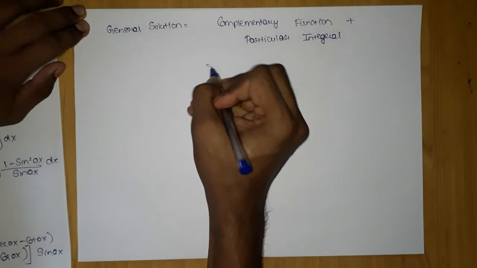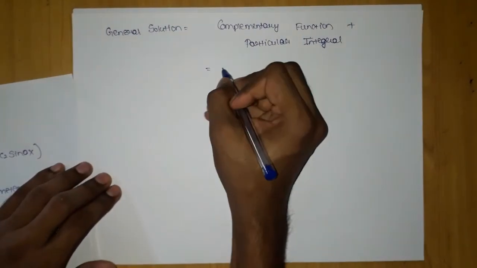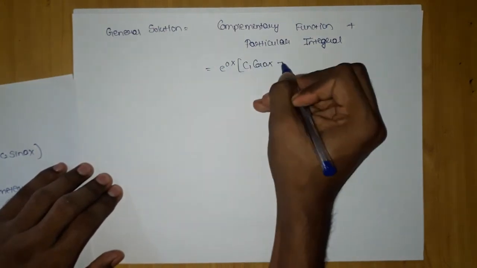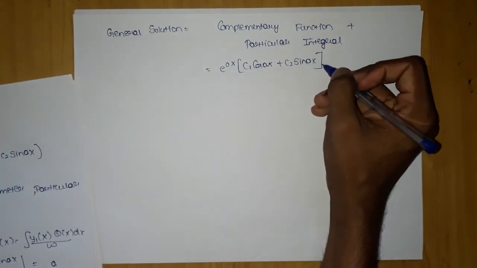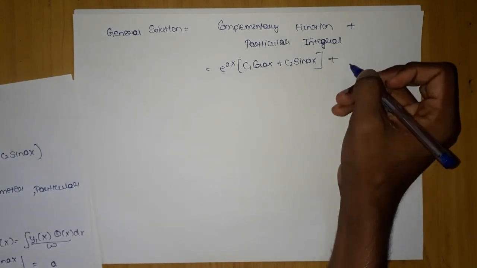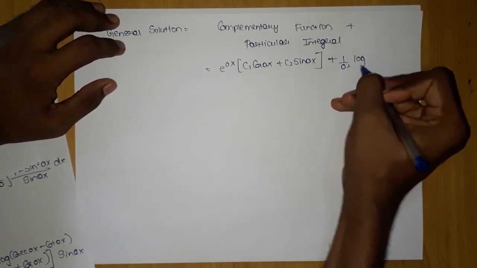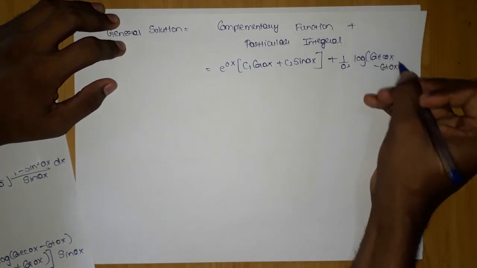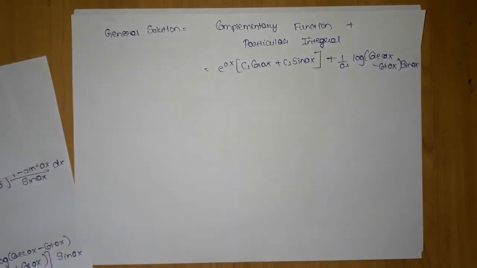If we substitute what we got, we are going to have the complementary function e to the power 0x, bracket c1 cos ax plus c2 sin ax, bracket close. Now here we are going to have the particular integral, which we just got, 1 by a square log cosec ax minus cot ax into sin ax. So we got this as our final answer.